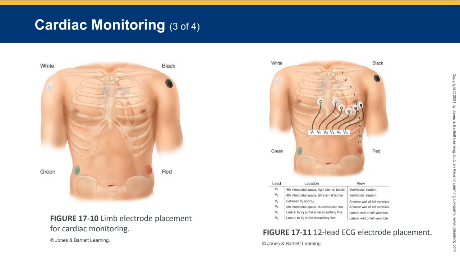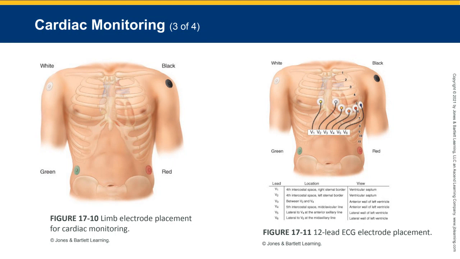Even though it's 4 electrodes, we can only see 3 leads. Sometimes it might say 5 in the hospital, but you can only see 3 limb leads, lead 1, 2, and 3.